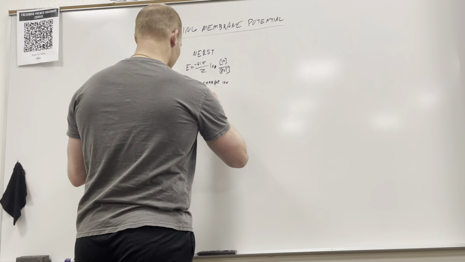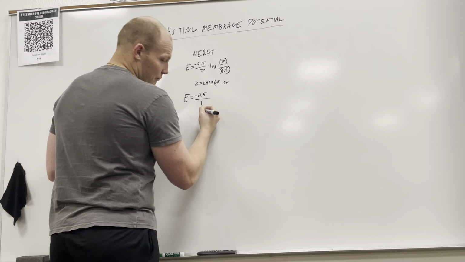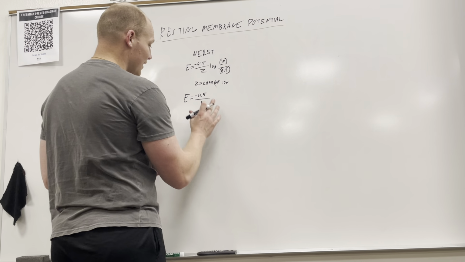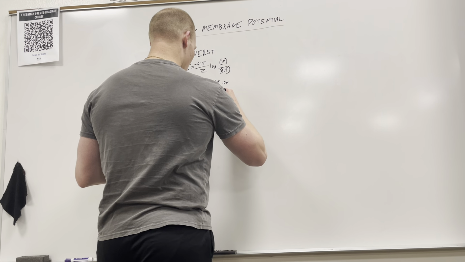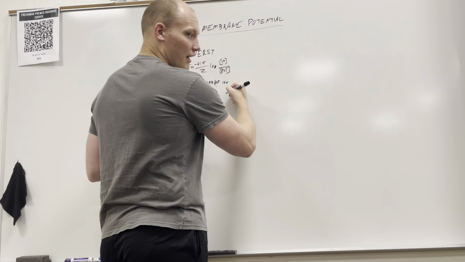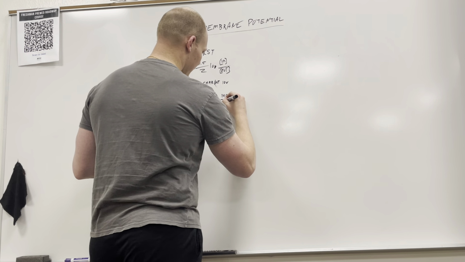E is equal to negative 61.5 over 1, because sodium and potassium both have a positive 1 charge, log, and let's say the inside concentration is 140. We have 140 over outside 5.